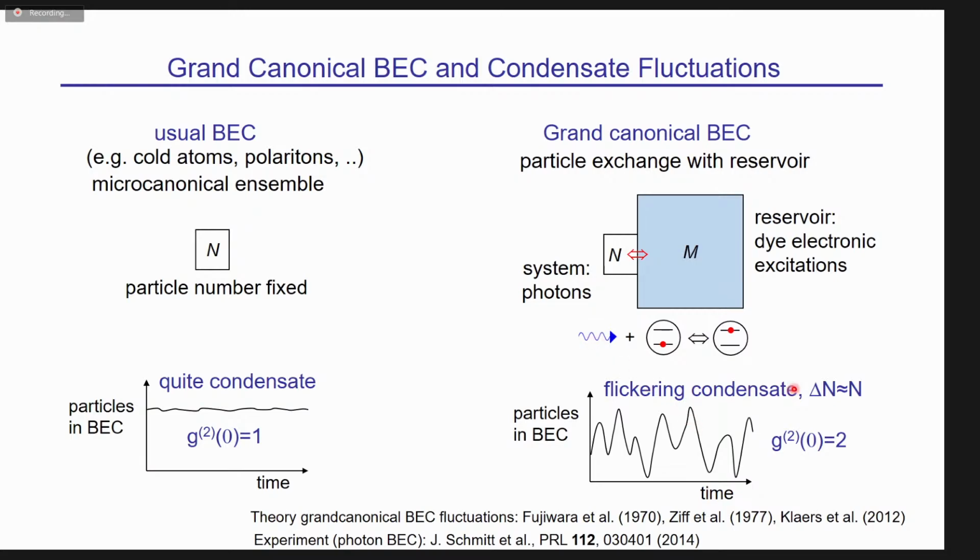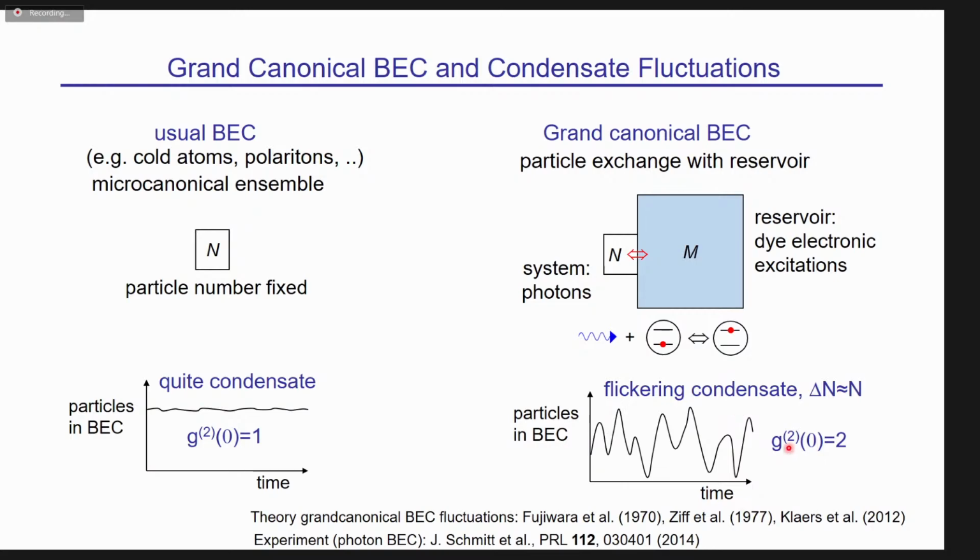For most physical phenomena, it doesn't matter whether you use a canonical, grand canonical or microcanonical description, but for the fluctuations of a condensate there's a big difference, because in the grand canonical description they become as large as the average particle number, as I'm indicating here.